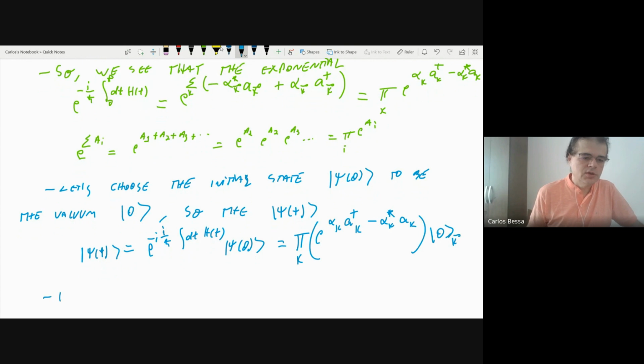So this is the state of the radiation field.